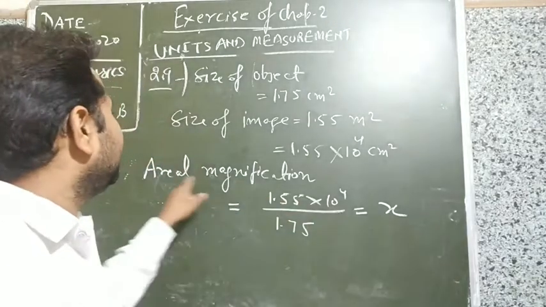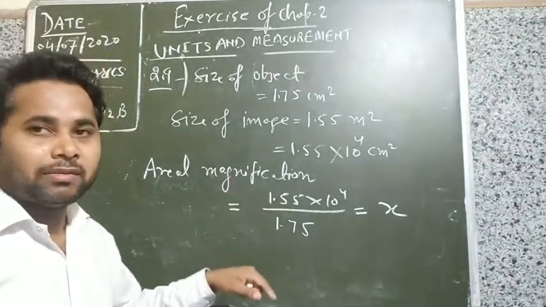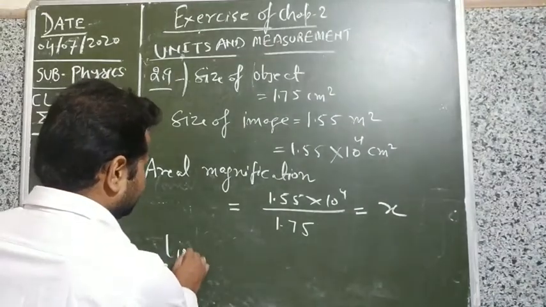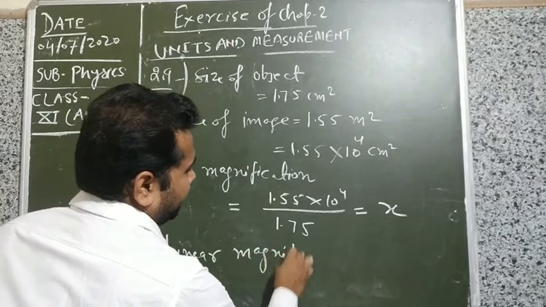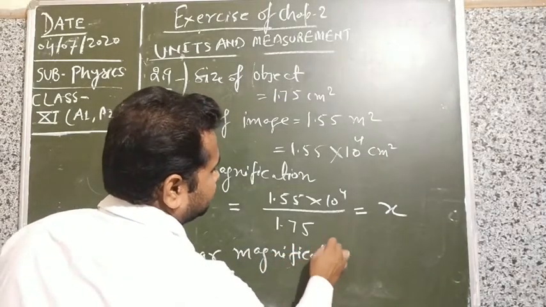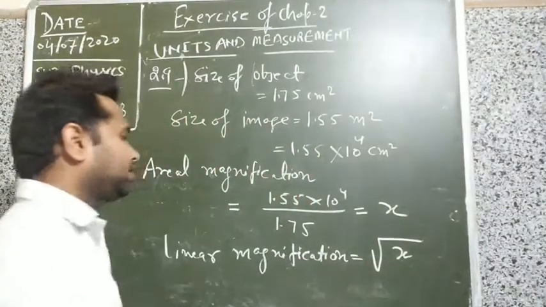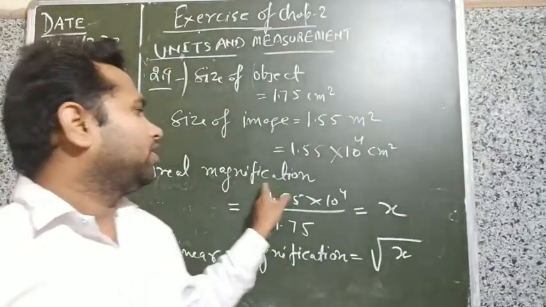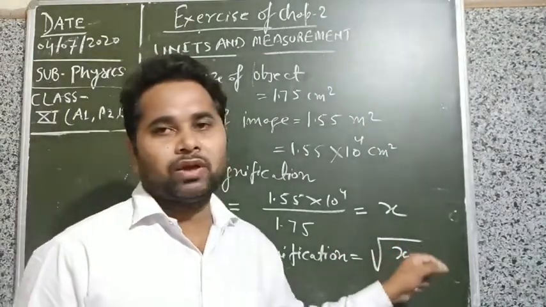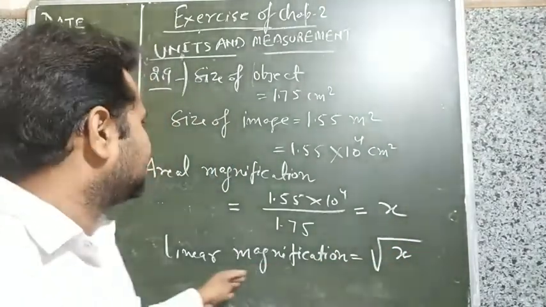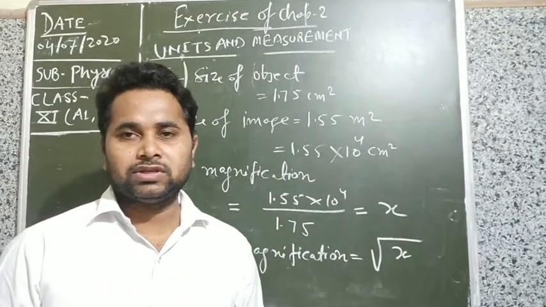So this is the areal magnification, and for getting the linear magnification, it equals under root x. Areal magnification, if it is x, then linear magnification equals the square root of x. So by this calculation, you will get the answer of this problem.